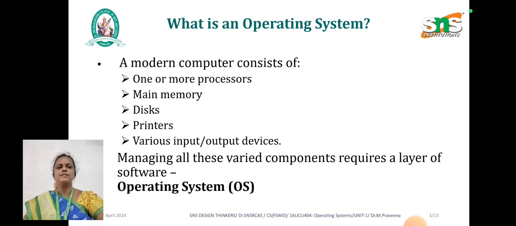That software is called the operating system. So the operating system is a layer over the processor, main memory, disk, printers and all the devices inside the computer, and it acts as a connection between them.